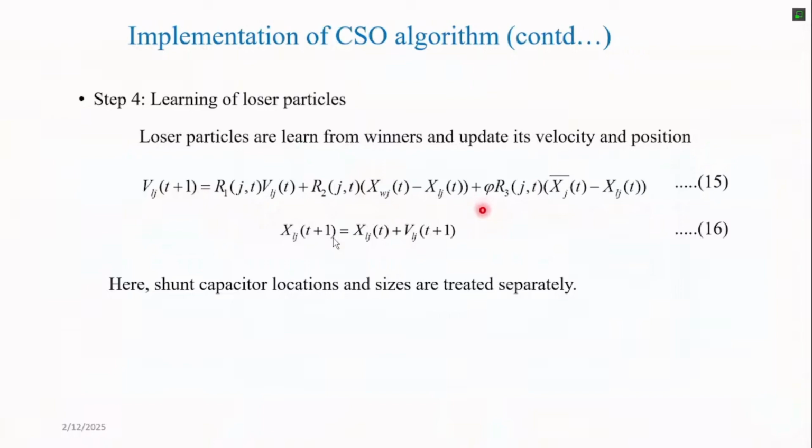For this optimizer algorithm, this social factor keeps changing in the range of 0 to 1, based on the optimizer algorithm. After updating the velocity, we can update the position of the loser. The moment the loser is updated, its updated population string will pass to the next iteration.